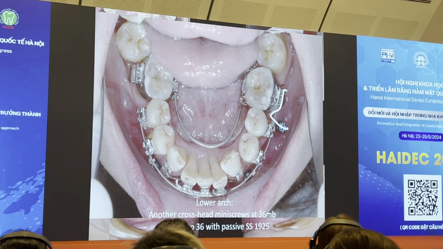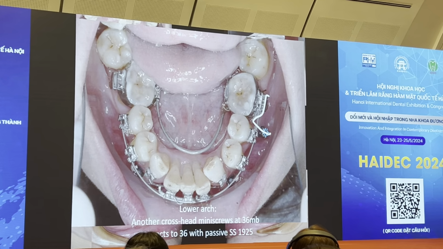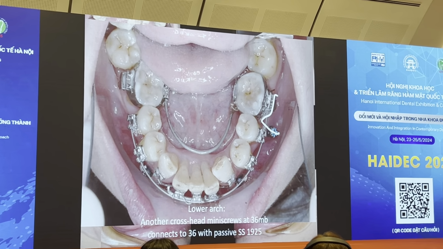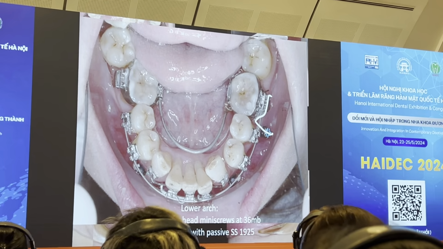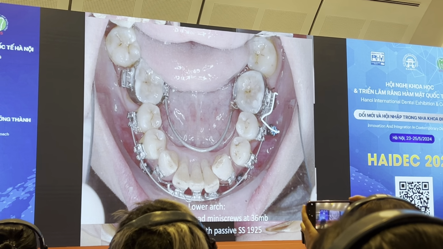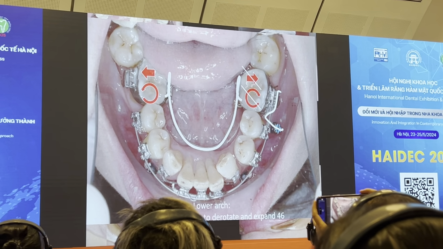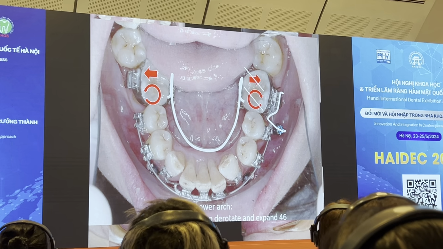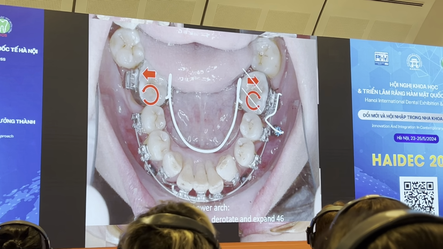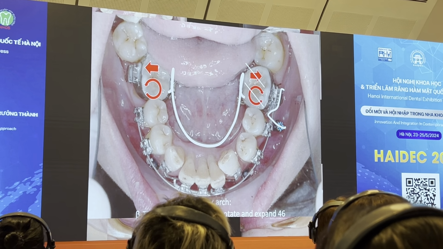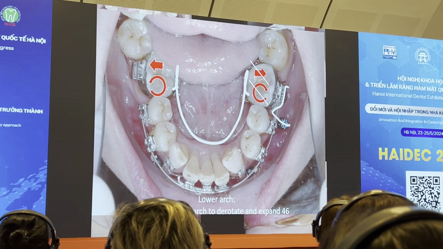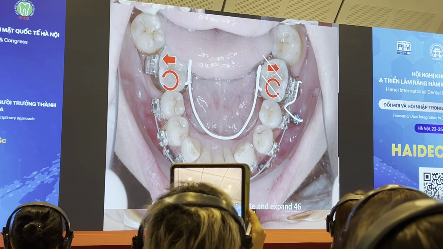On the lower arch, there was another crosshead mini screw which was used to fix the position of 3-6 with a passive stainless steel 1925 arch wire. It eliminated the clinical side effect which happened at 3-6 when the passive stainless steel lingual arch was replaced with a beta titanium 036 lingual arch.